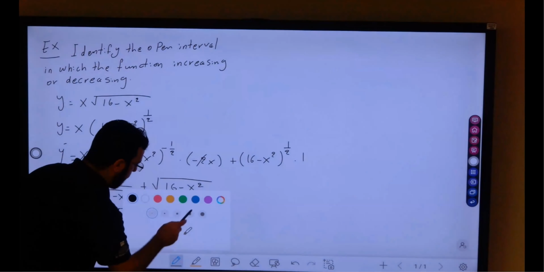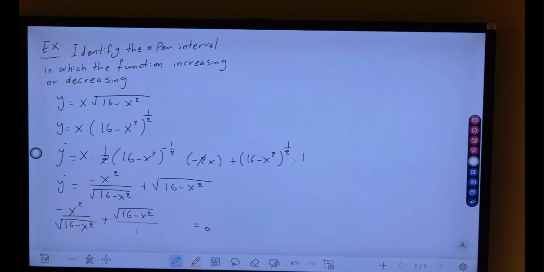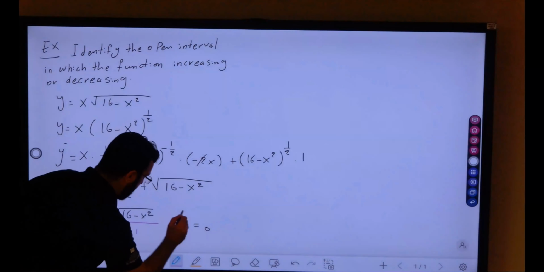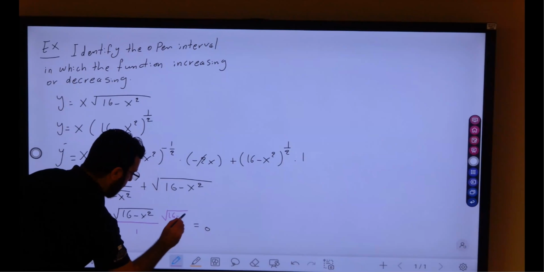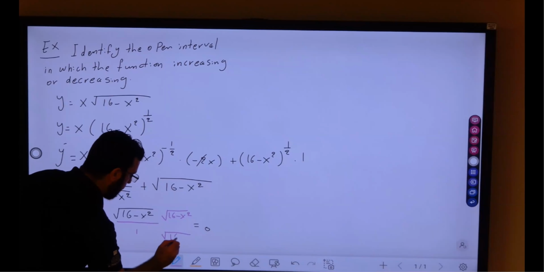Can I write this over 1? And then I'm going to find the common denominator, because I need to add these two, which is the problem here. I'm going to multiply by the square root of 16 minus x squared. 16 minus x.